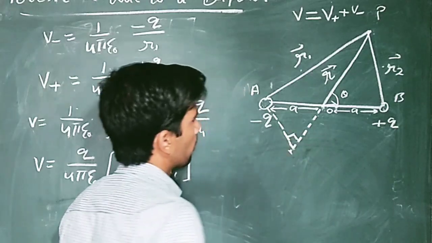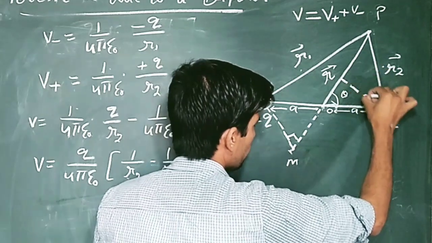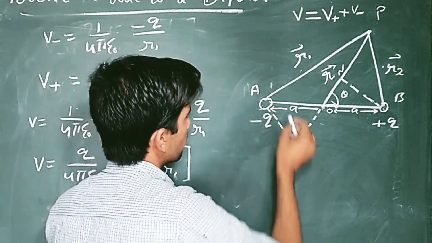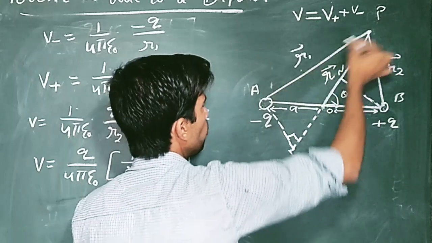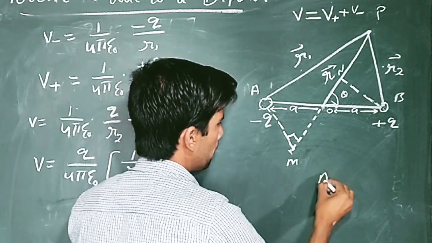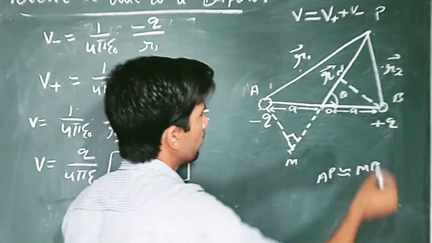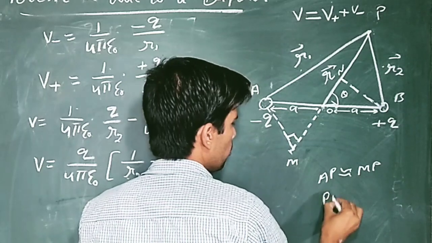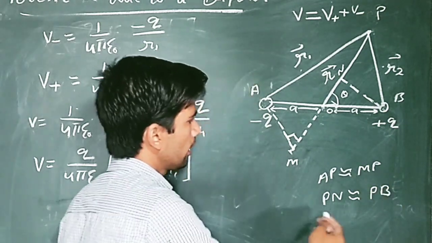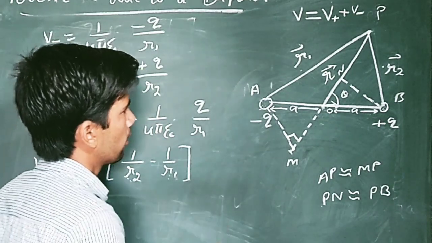We draw this perpendicular line, and we take this point as M, and also draw a perpendicular on this line at the point N. Here the distance from A to P is approximately equal to the distance from M to P, and P to N is approximately equal to P to B. Taking this sign convention, we proceed.